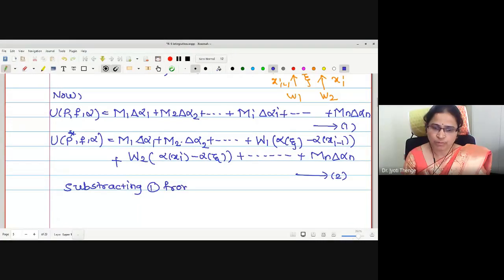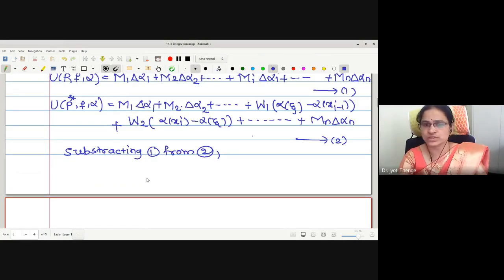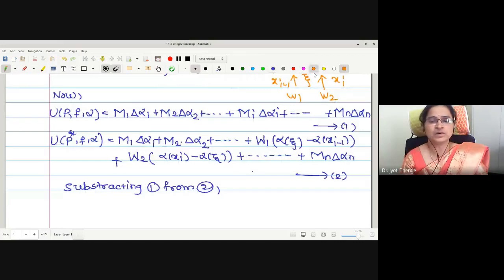So what will be the effect if I subtract? UP star F alpha minus UP F alpha. If you look at both the equations very carefully, all the terms are going to cancel one another. Which terms cancel? M1 delta alpha 1 cancels, M2 delta alpha 2 cancels.